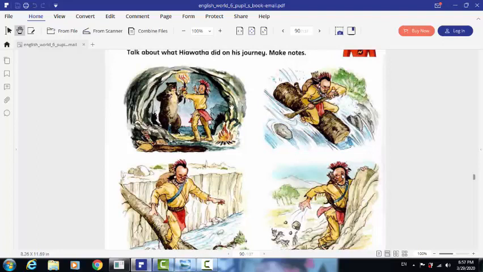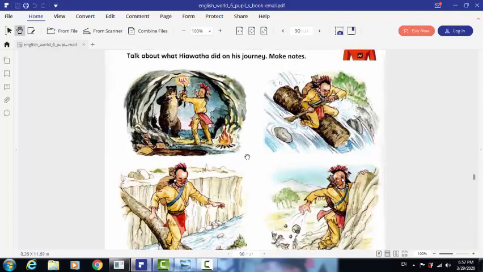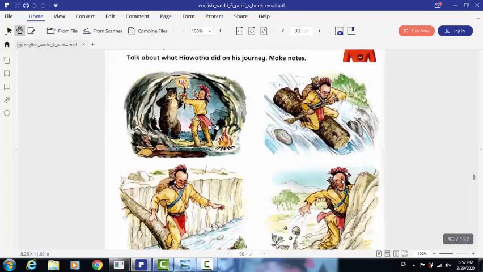To help you make notes easily, I'm going to ask you some questions. The answers will be the notes that we are finally going to arrange in paragraphs. So let's start with the first picture.